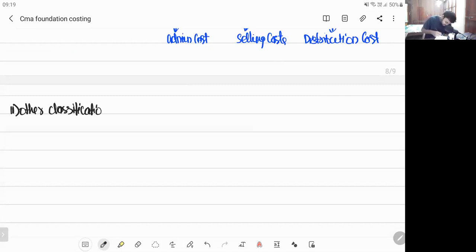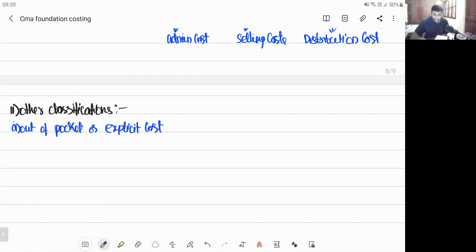First one, out of pocket cost, also called explicit cost. So in the other classification of cost, we have out of pocket cost or explicit cost.